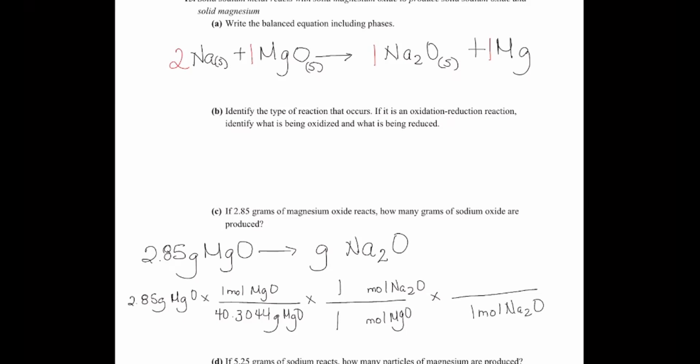So it's going to be 22.989769 times 2 plus 1 oxygen, 15.9994. So then you get 61.978938 grams of Na2O.